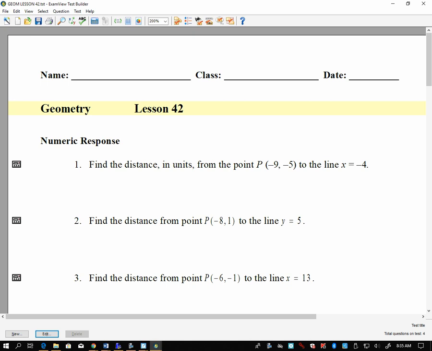No, it's not. It's a vertical line. Okay, it's a vertical line at x equals -4. So if you understand that, then you'll understand that the distance that we're looking for is the distance between the x value of -4 and the x value of -9. So the distance is only 5.